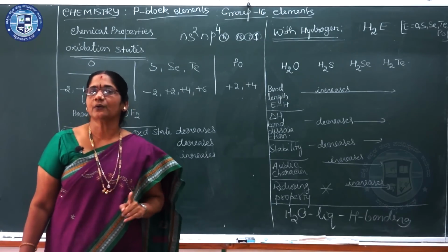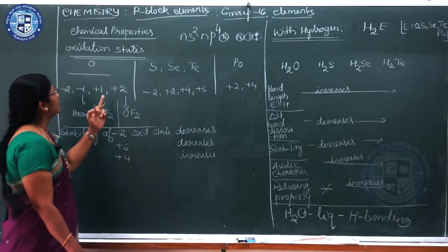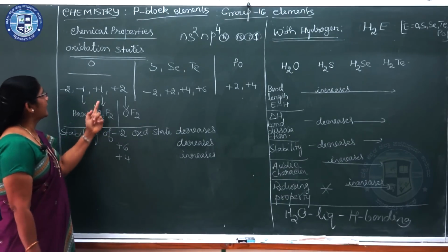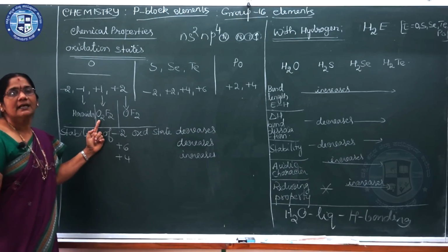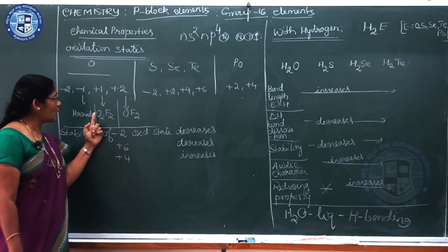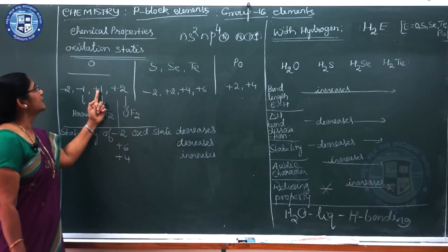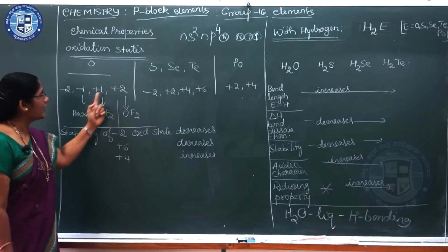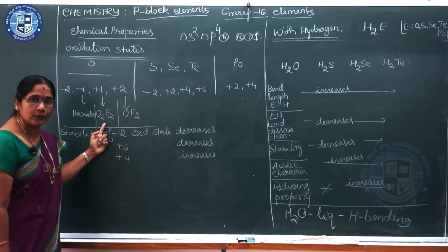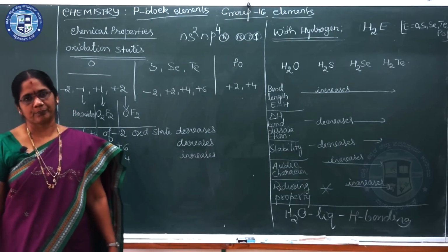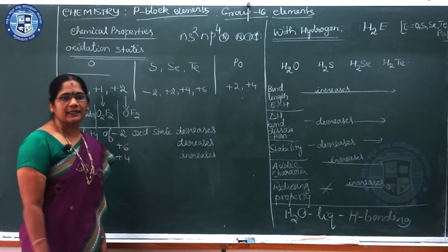It gets positive oxidation states with fluorine because fluorine draws the electrons, and you have two compounds, O2F2 dioxygen difluoride and OF2 oxygen difluoride, where oxygen gets +1 oxidation state in O2F2 and +2 oxidation state in OF2. That is about the oxidation states of oxygen.